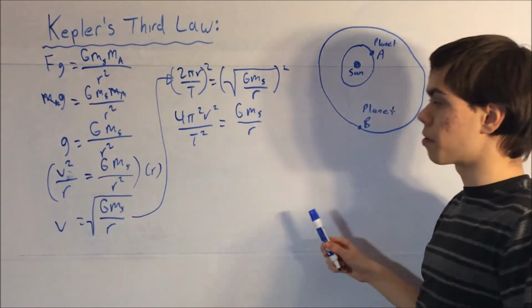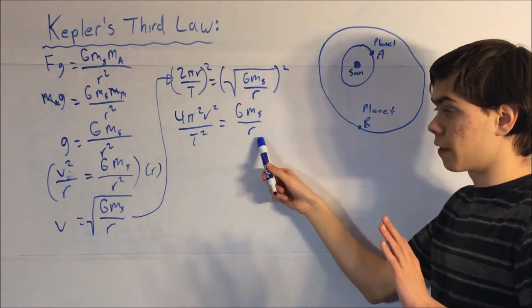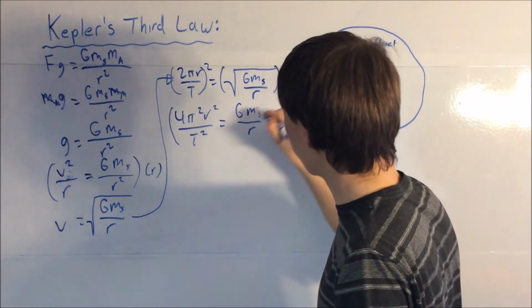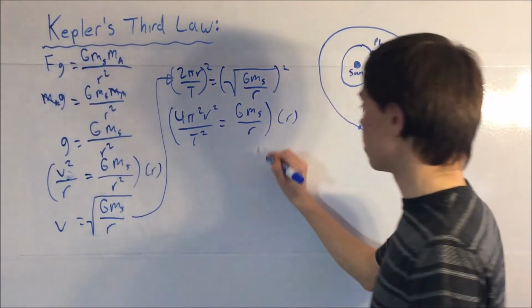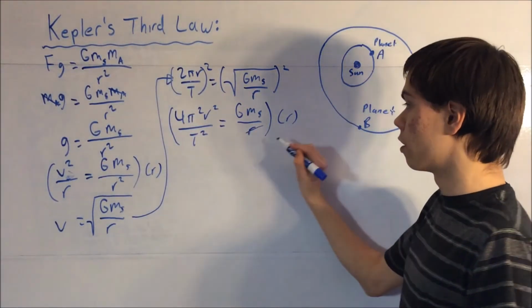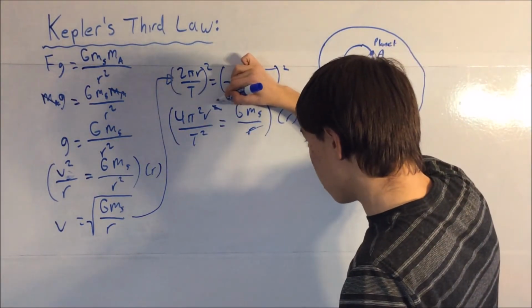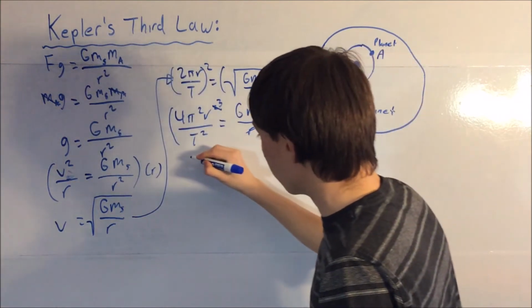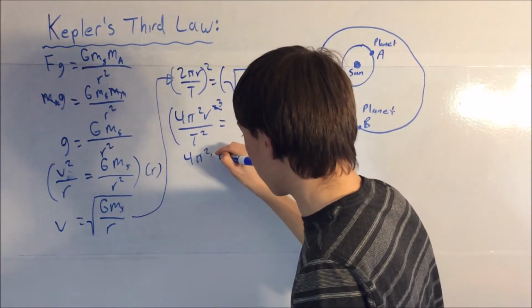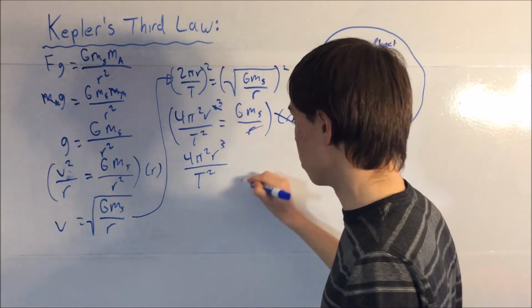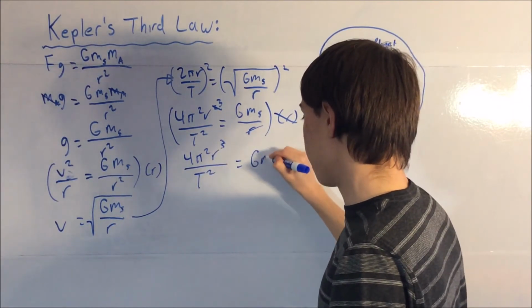Now, another thing that we can do is group together r. Can we just multiply r on both sides of the equation to do that? Because if we do that, we get rid of the r over here, and since we're doing r times r squared, we get r cubed. And so this goes away. We're left with 4 pi squared r cubed all over t squared equals GMs.